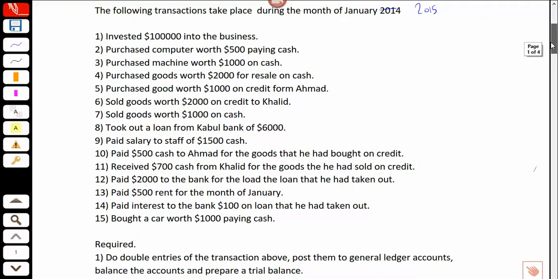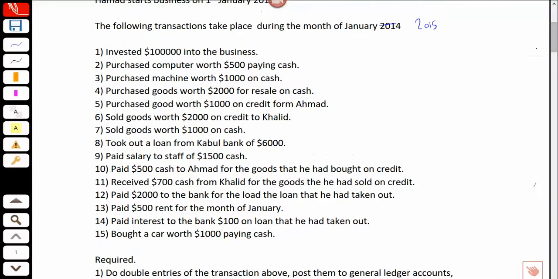First transaction: he invested 100,000 into the business. Remember, if we look from the business perspective, what is happening? The cash is affected, yeah? Yes, exactly. So let me write the rule that we studied. Asset and expense: increase is debit, decrease is credit.